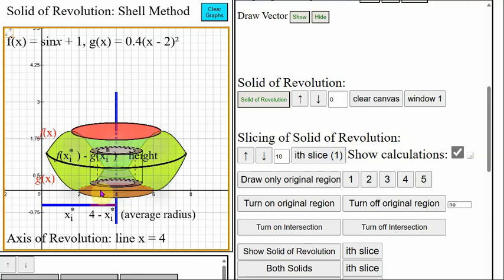The distance from the x-axis to the graph of f of x is going to be f of x sub i star. And therefore the height of this ith shell will be f of x sub i star minus g of x sub i star.